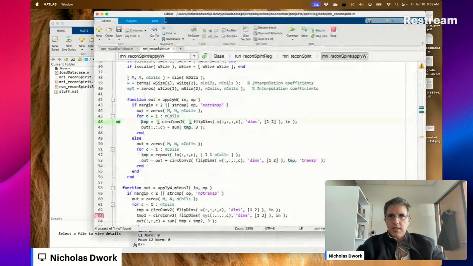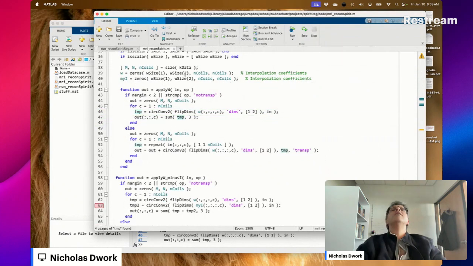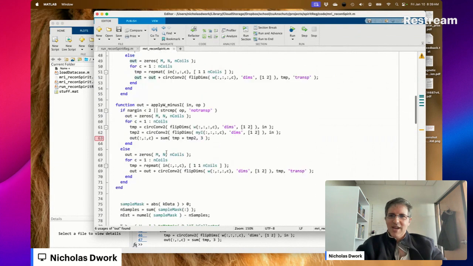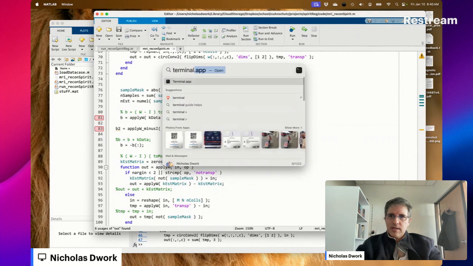W are all zeros at this point. How did this ever work? Can anyone explain that to me?